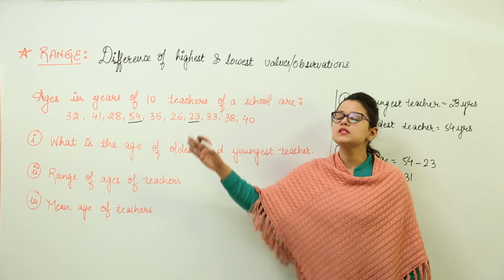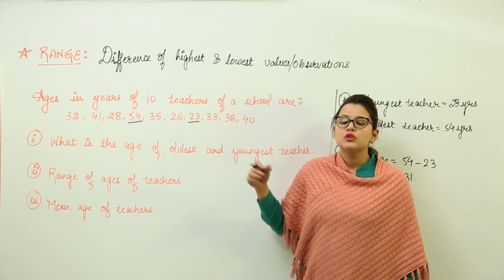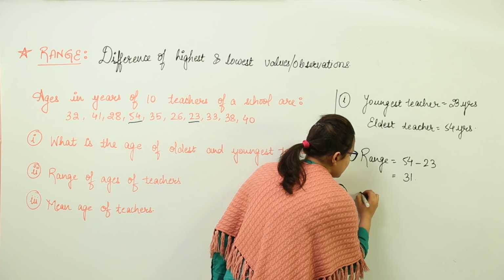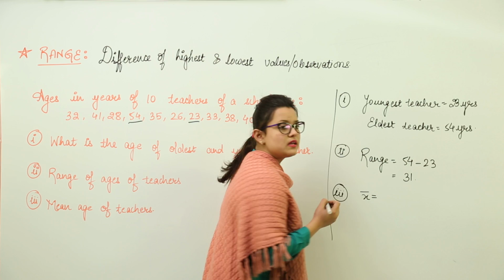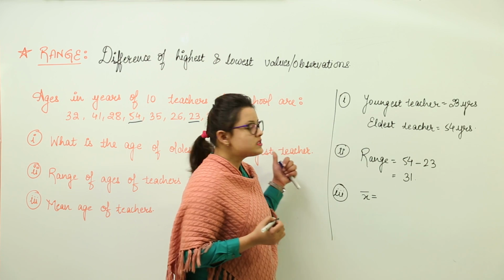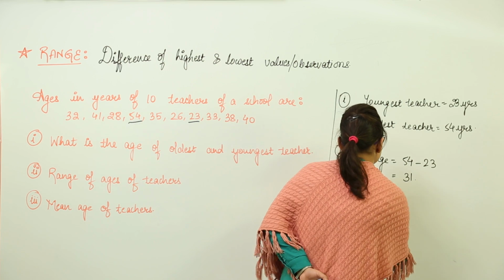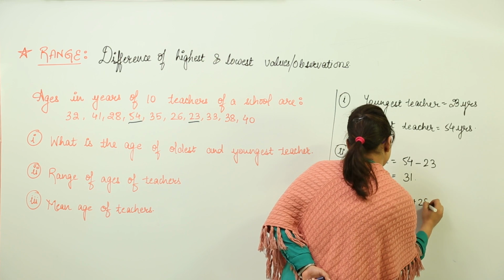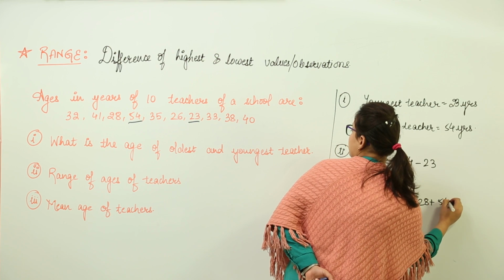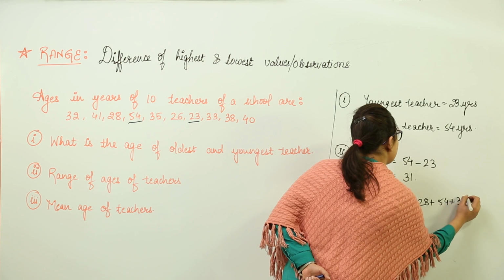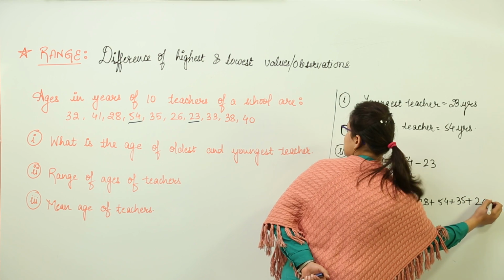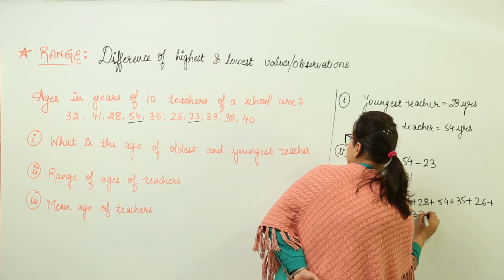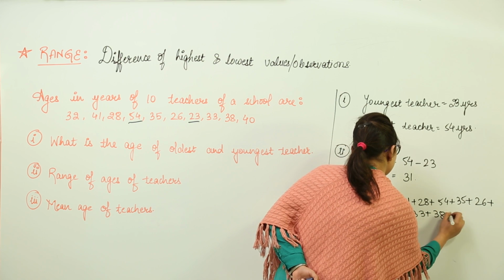Now the third part of the question says you have to find the mean age of teachers. That means the data has been given to you, you just have to find the mean for this data. So we calculate the mean by adding up all the observations: 32 plus 41 plus 28 plus 54 plus 35 plus 26 plus 23, adding up 33, 38 and 40.